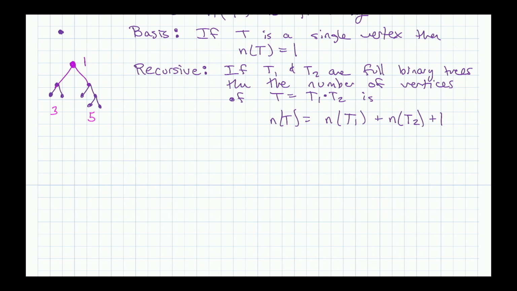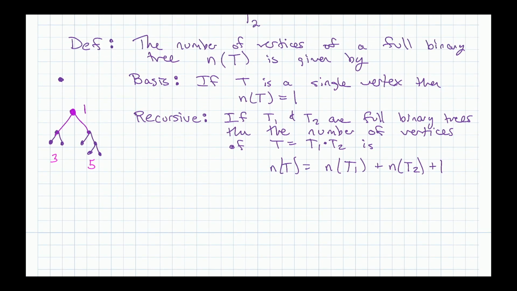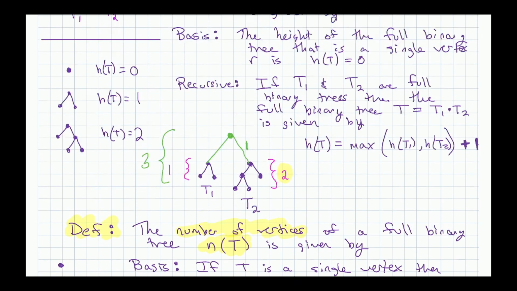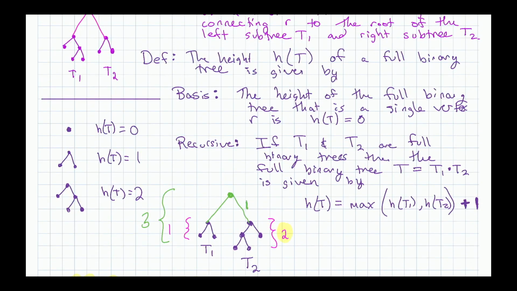And that's the definition. Okay, so that's not a proof. We don't need to prove this. This is the definition of number of vertices, right? So number of vertices N of T, and then this definition up here was H of T. Okay.